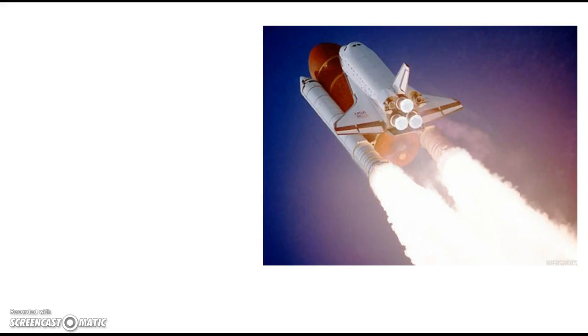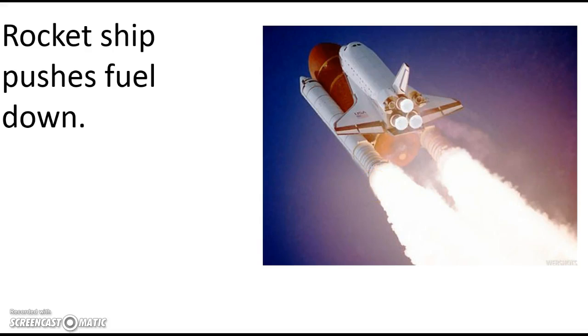Okay, so how do we end up doing that? The rocket ship pushes the fuel down. We can see that here. We know there's a lot of acceleration. Our fuel starts at, let's say, close to zero velocity, and achieves a very high velocity as it exits out of the back of the rocket ship. There must be a lot of force that the rocket ship is applying against the fuel.